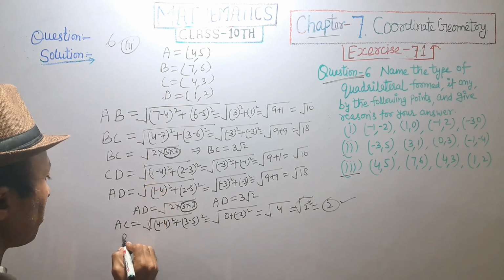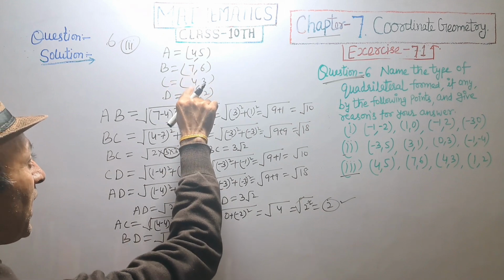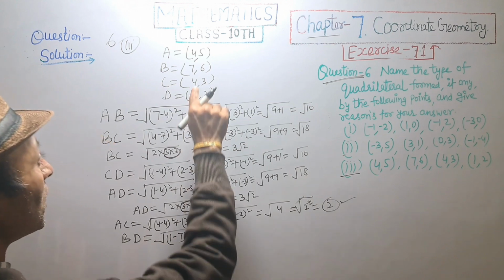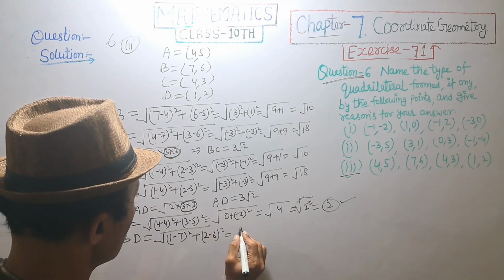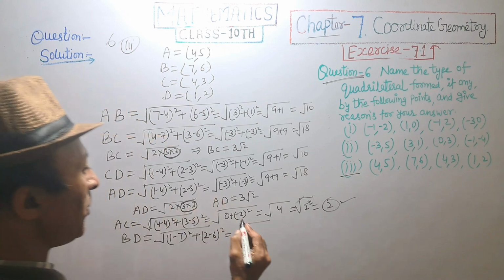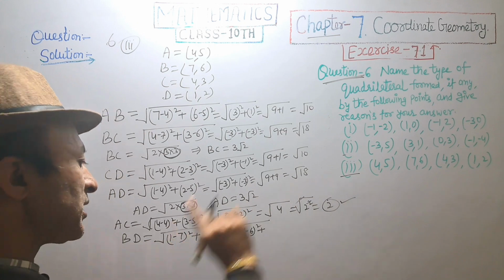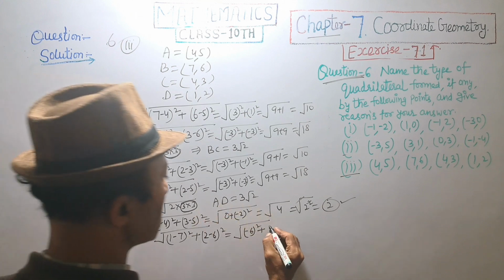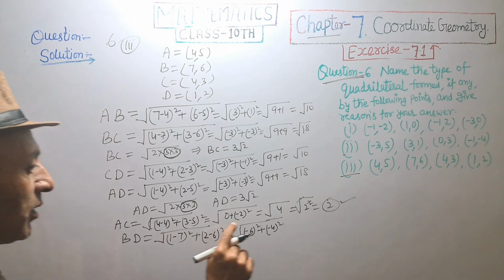And BD, by distance formula, BD can be written as x2 minus x1 square, (1 minus 7) raised to power 2 plus y2 minus y1 square, meaning (2 minus 6) raised to power 2. 1 minus 7 is minus 6, and minus 6 raised to power 2 gives positive 36, and 2 minus 6 is minus 4, and minus 4 square is 16.